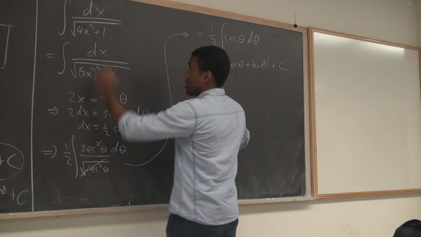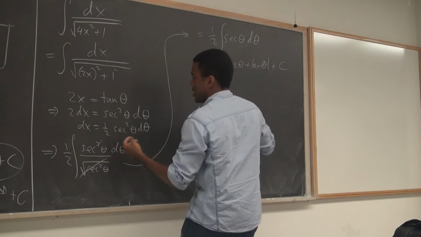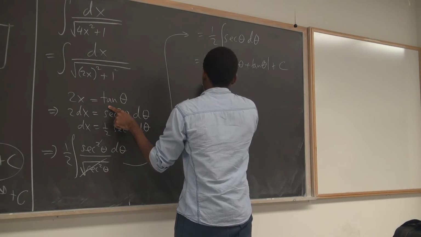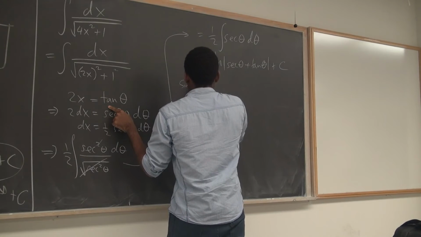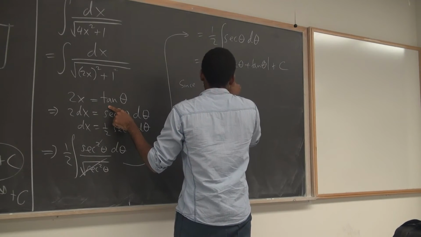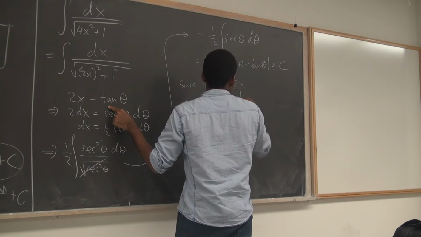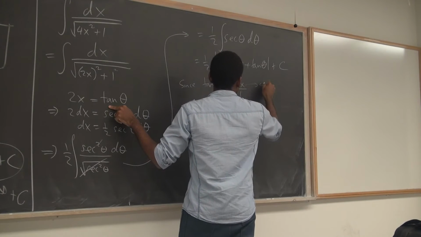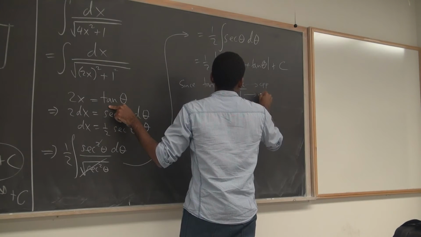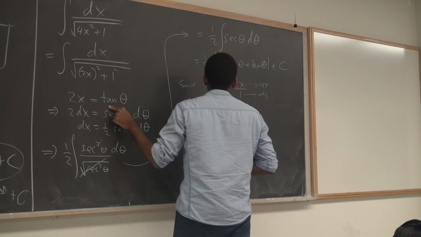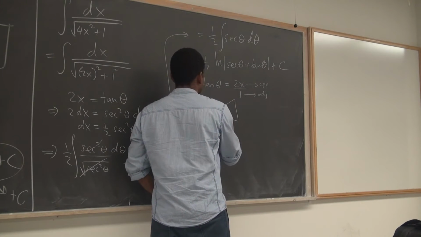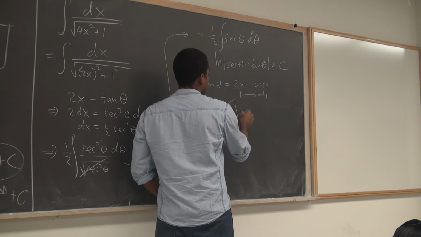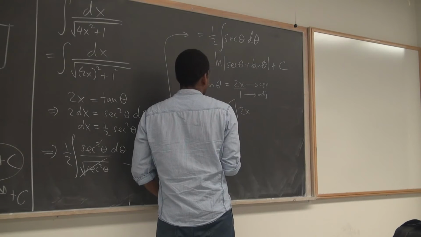Okay, so here, since tangent theta equals 2x, I think of this as 2x over 1, where this is opposite and that's adjacent. So I have a triangle where this is theta. Opposite is 2x, adjacent is 1.